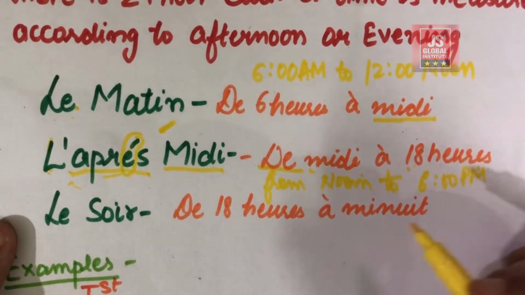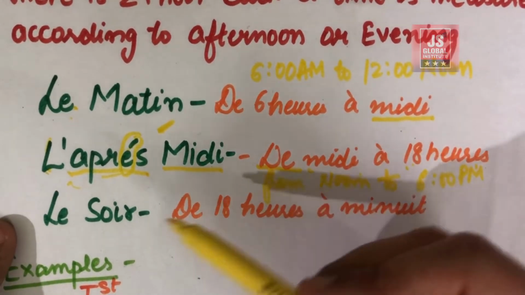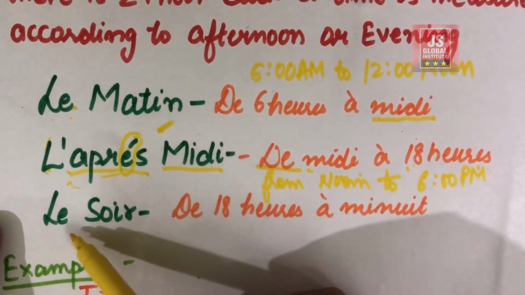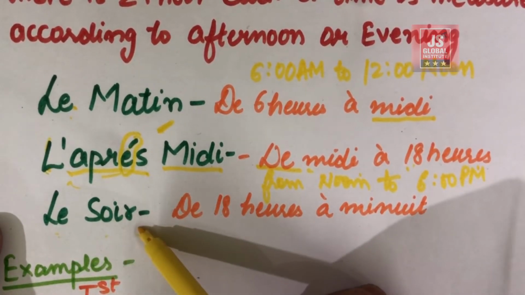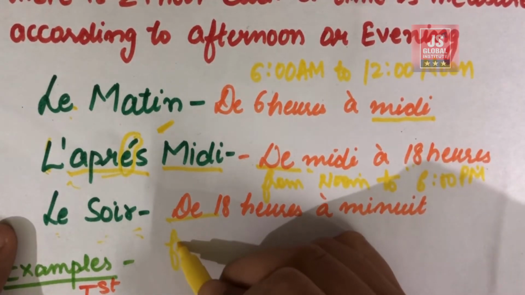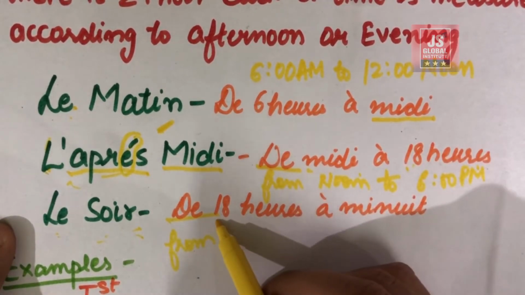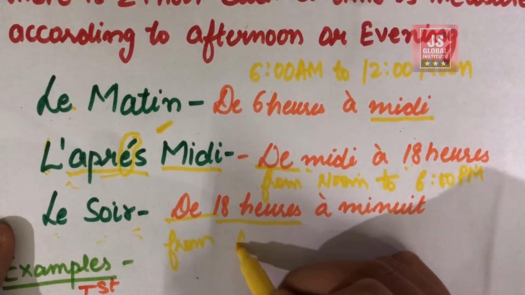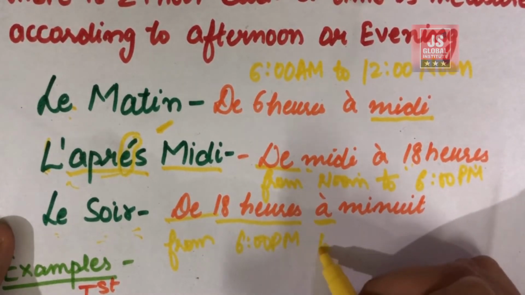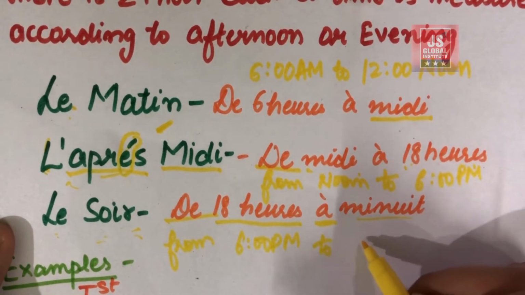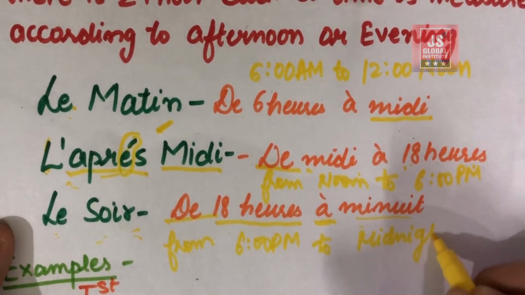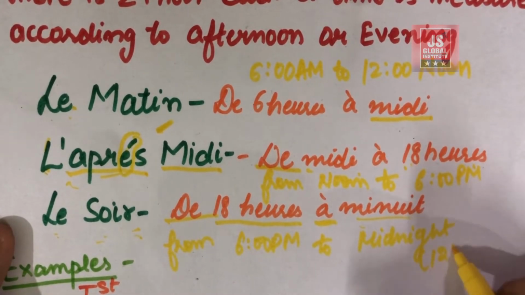Alright, and after that the third slot is soir, that is evening. What is it called? Le soir, that is the evening. It is from 6 PM to minuit, which means midnight, that is 12 AM.